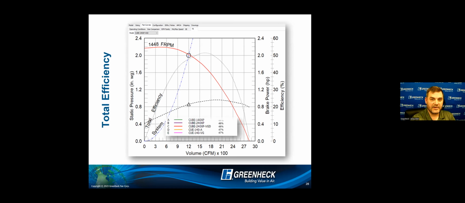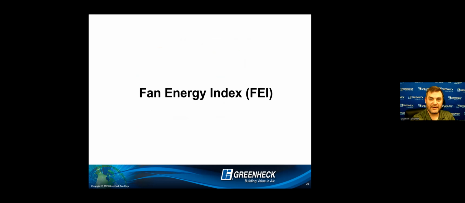And that's actually kind of a good thing to bring up because we're going to bounce off of fan curves for just a hair and talk about fan energy index, FEI, right? So, according to the Department of Energy, industrial and commercial fans represent about 2.5% of total US energy consumption.